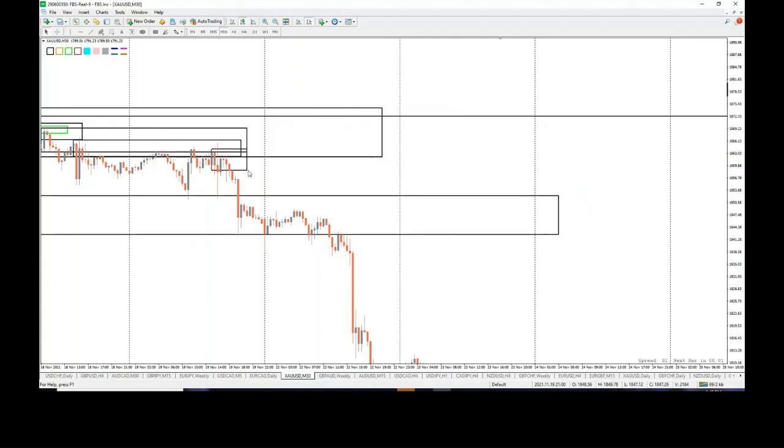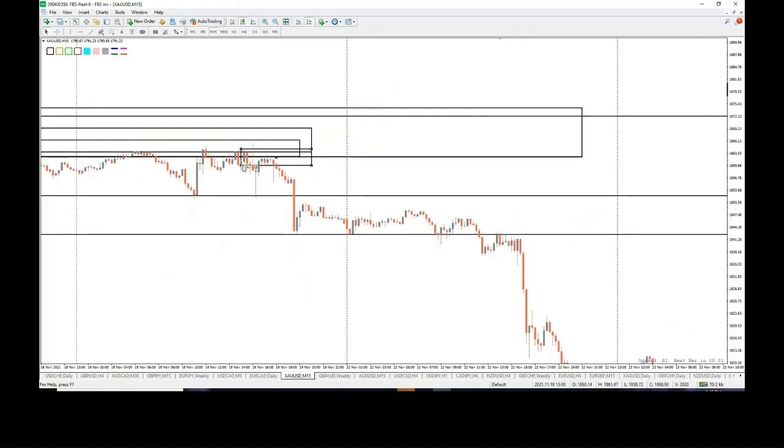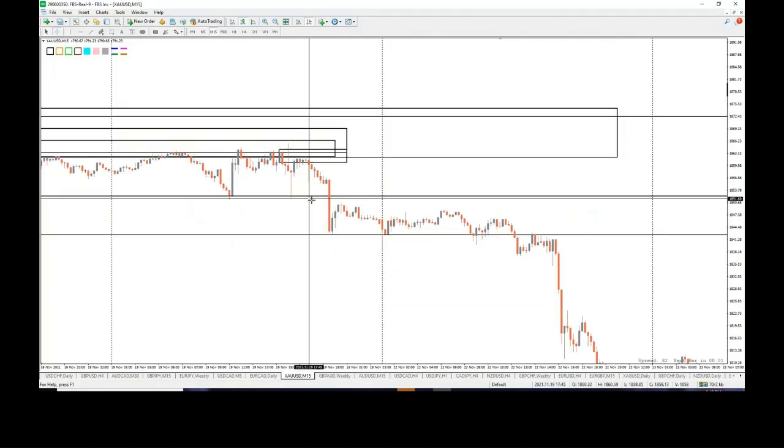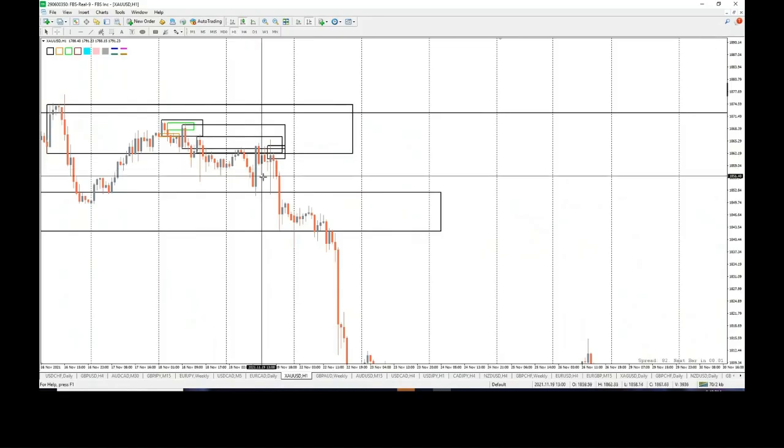So this is your final entry before the price goes. But if you go to M15, you can get your smaller zone right there.